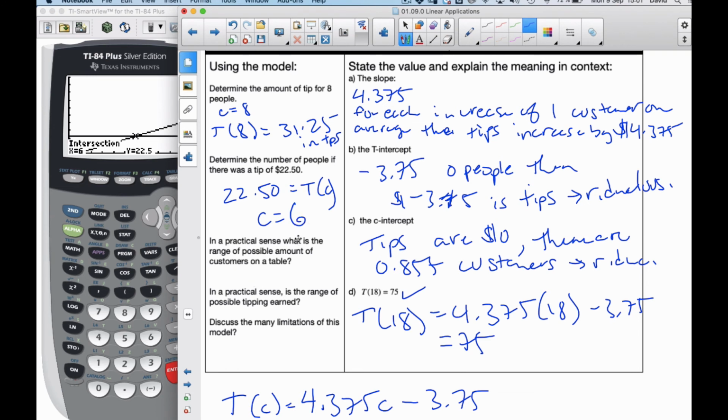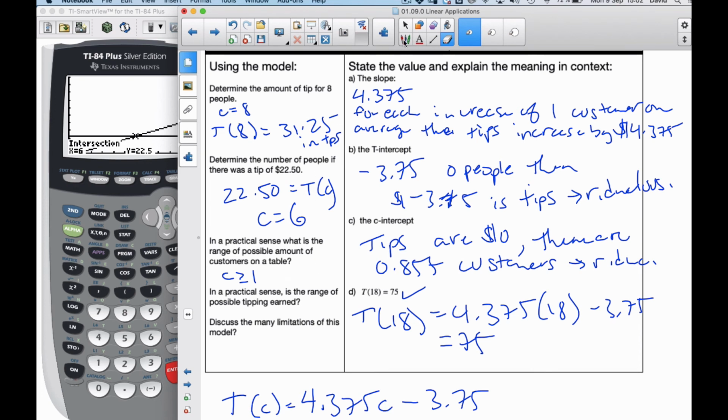In a practical sense, what is the range of possible amount of customers on a table? Well, I know the customers on a table has to be bigger than or equal to 1. I can't have 0 customers on a table and get a tip. That doesn't make any sense. And I also know it has to be whole numbers, positive integers.